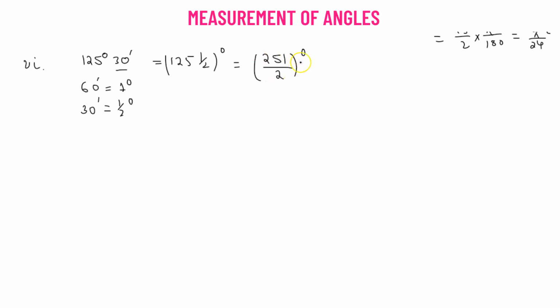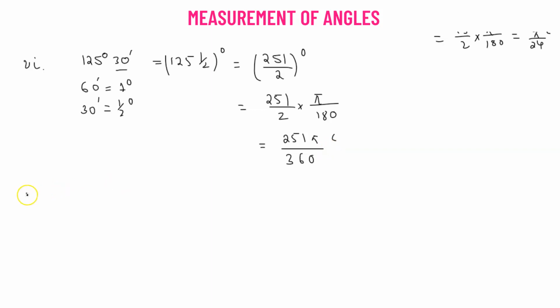So this is the degree equivalent of 125 degrees 30 minutes. Now we want to convert it to radians. All we have to do is take 251 over 2 and multiply it with pi over 180 radians. So this gives us finally 251 pi divided by, 180 times 2 will be 360. So this is the radian equivalent of 125 degrees and 30 minutes.